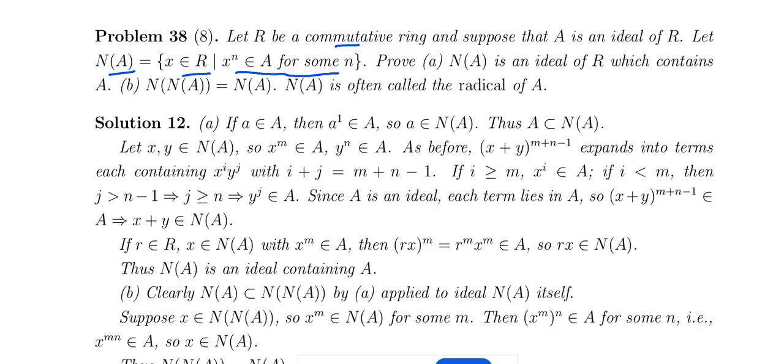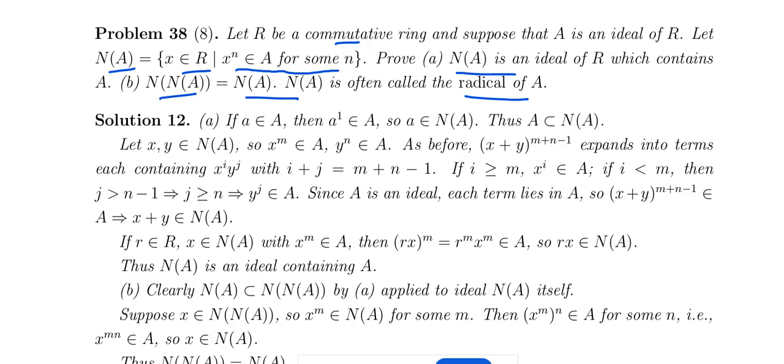Earlier it was given as equal to 0; here, x power n belongs to A for some n. A is an ideal of R. Then N of A is an ideal of R which contains A. This is called the radical of A.